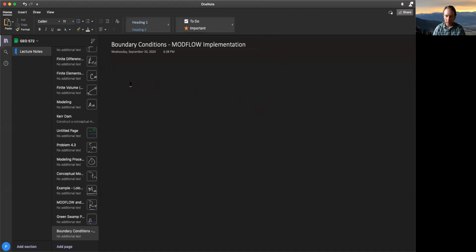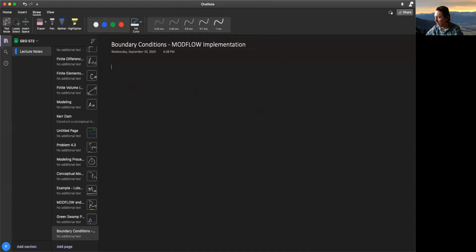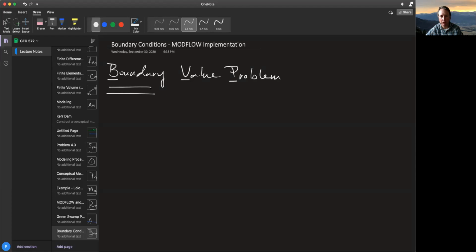So recall that what we are solving when we're modeling, we are solving the boundary value problem, and that's the BVP, and the name boundary says it all, right?